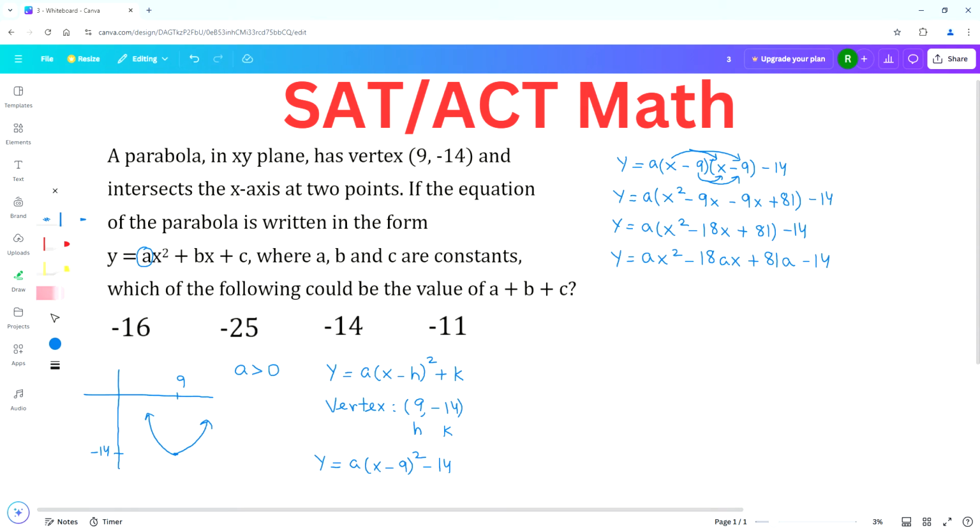If we compare this equation with the general equation in standard form, we can see that a is equal to a, b is equal to negative 18a, and c is equal to 81a minus 14.